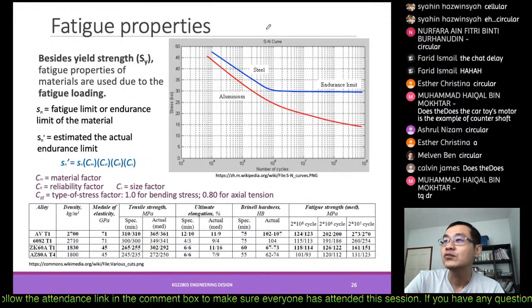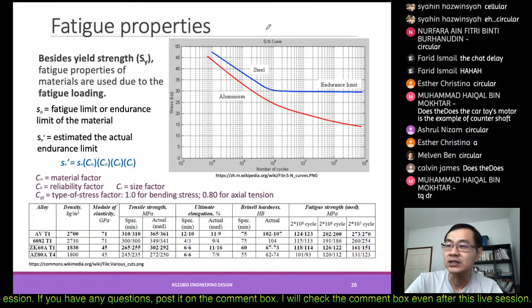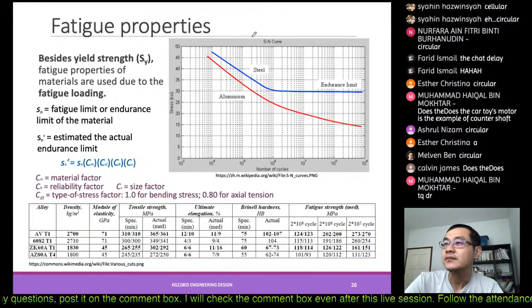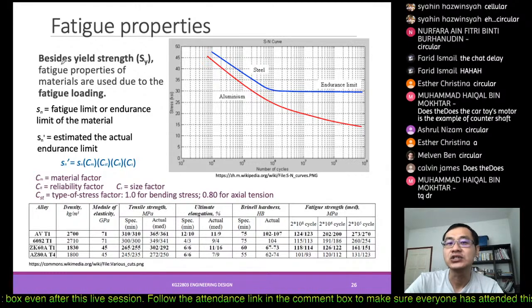Now when we look into fatigue loading, as I have mentioned, fatigue is about repeating load. What is important here is that we know about the tensile strength or the yield strength.